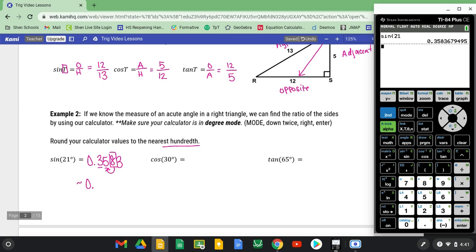So I'm going to write down 4 decimal places. Looking at the hundredths place, I need to look at the thousandths place and see if it changes my 5. And it does. So it's about 0.36.